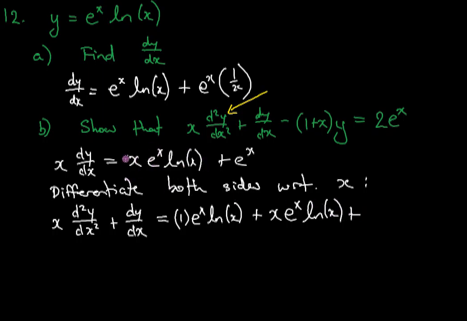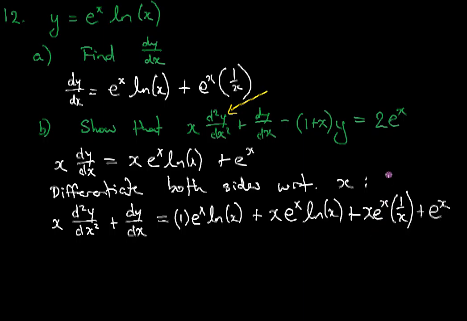Plus, hold these two constant, x e to the x, differentiate ln x, so I get 1 over x. And at the end I also had this plus e to the x, which is its own derivative.